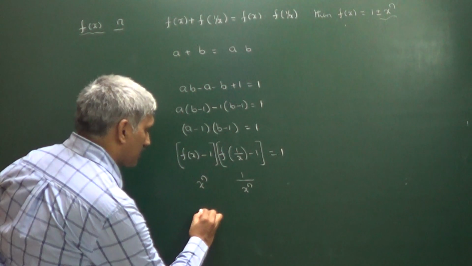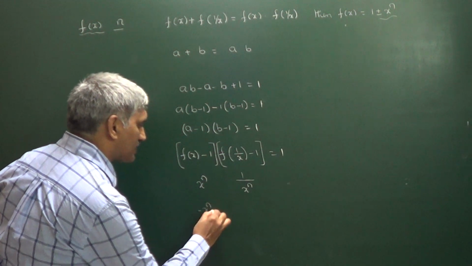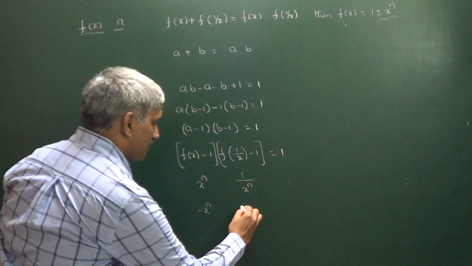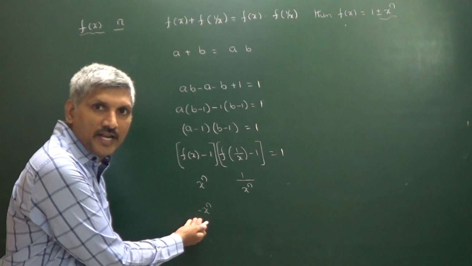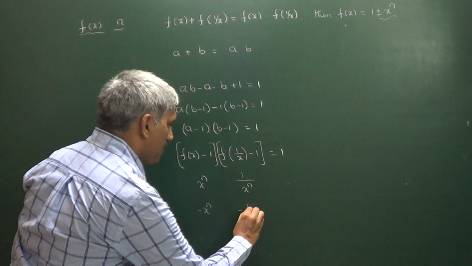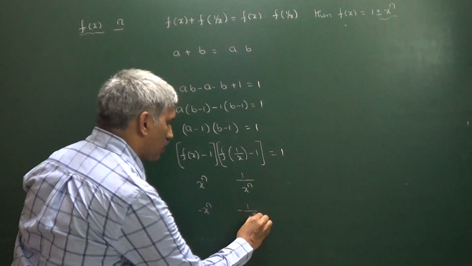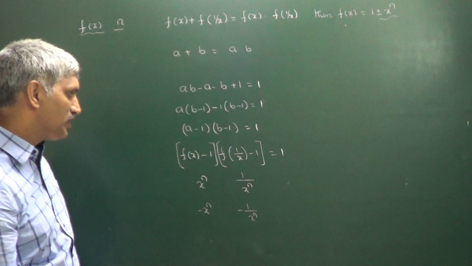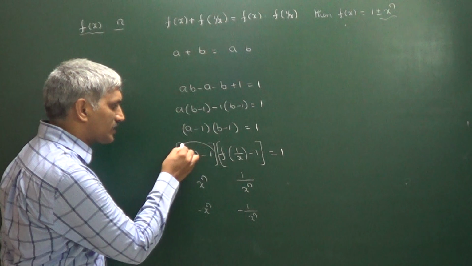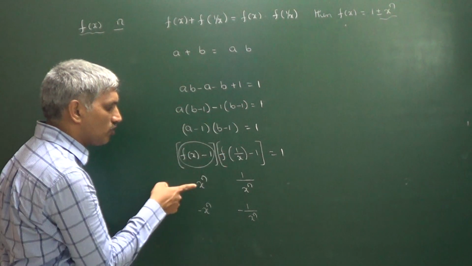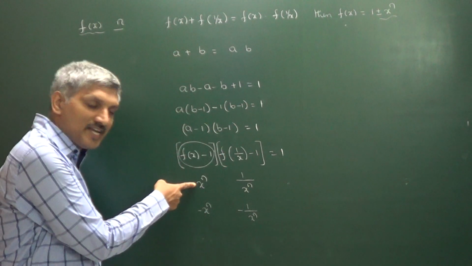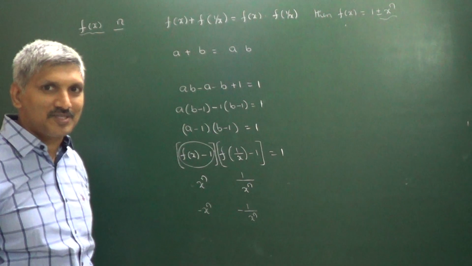Otherwise, if you are taking this one as −x^n, the other one, because it is also a polynomial of degree n, we have to take −1/x^n. So from this we can say f(x) − 1 is equal to either x^n or −x^n.